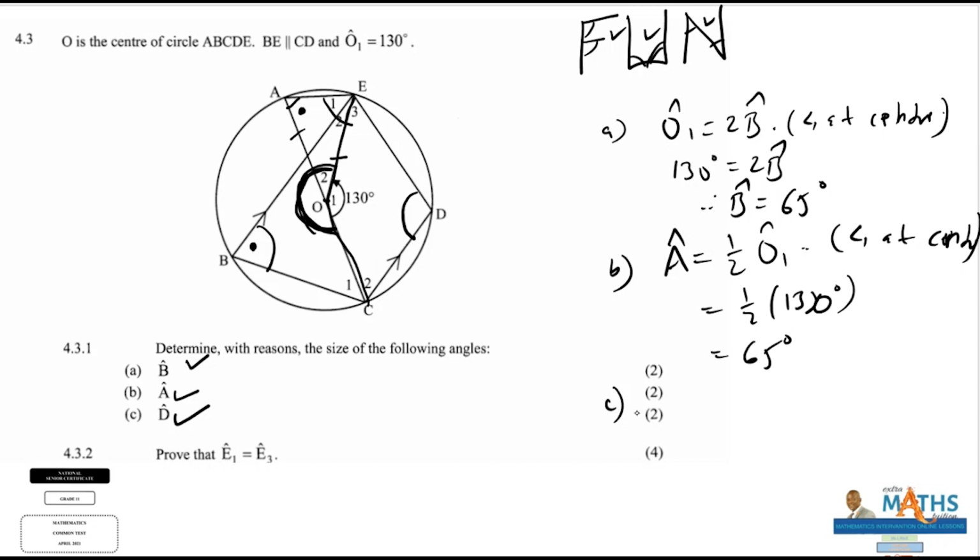Let me start by looking for this angle, which I can call angle O3, which would be 360 minus 130 degrees, which would be 230 degrees. This is angles around a point.